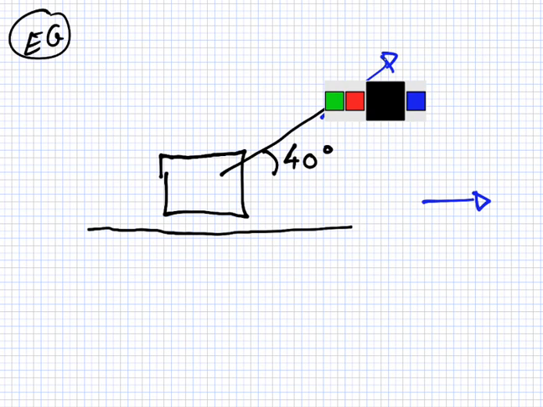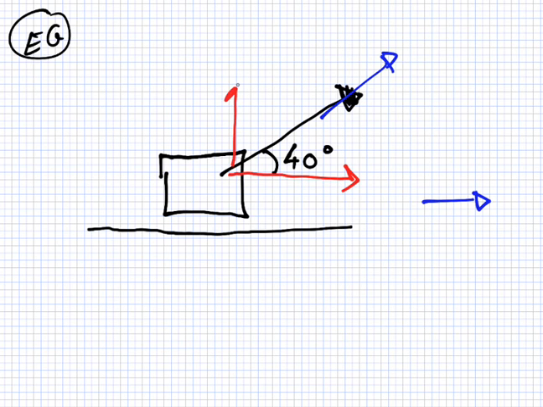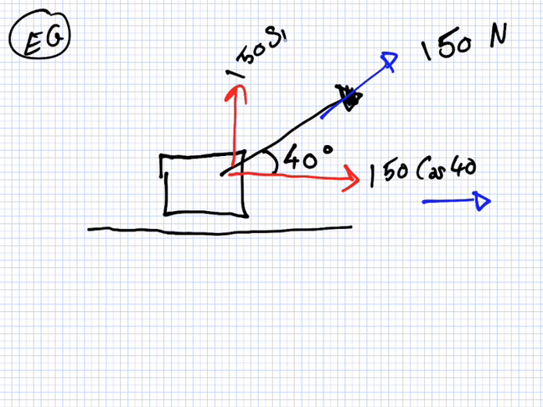So what we have to do to fix this is break it into the two pieces here and here. Oh, I should tell you what the force is, sorry. Let's say it is 150 newtons. On your calculator, can you give me 150 cos 40, and then 150 sin 40?